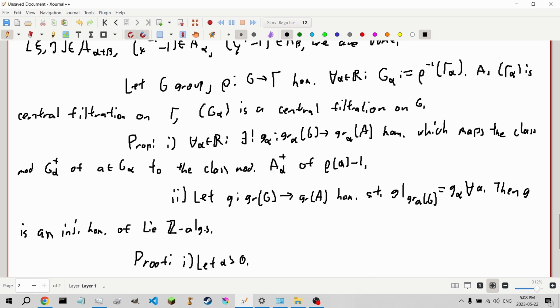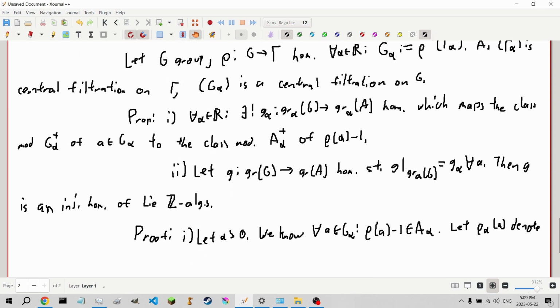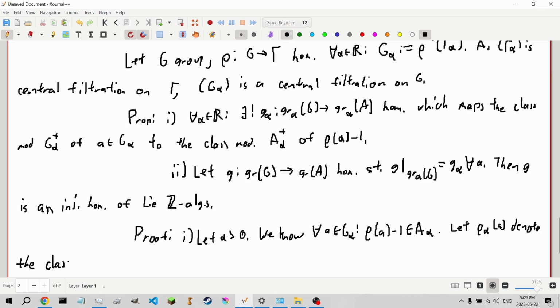Then we know by hypothesis for all A in G alpha, rho of A minus 1 is inside the alpha grade of A. Let P alpha of A denote the class of rho A minus 1 modulo A alpha positive, as A of 2 alpha lies within A alpha positive.